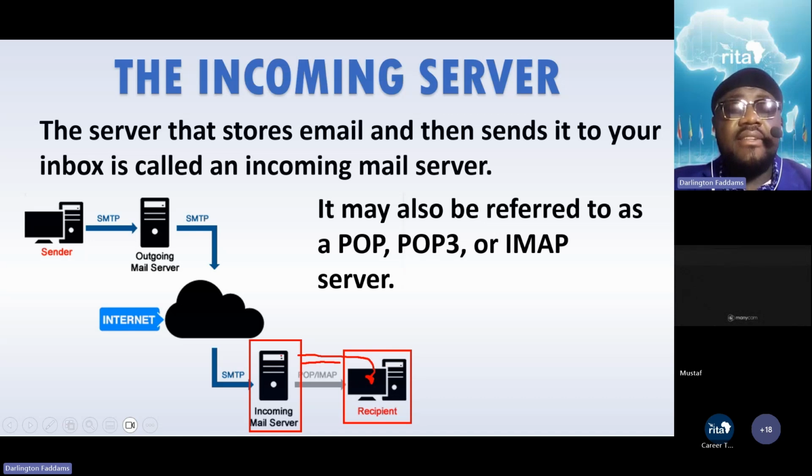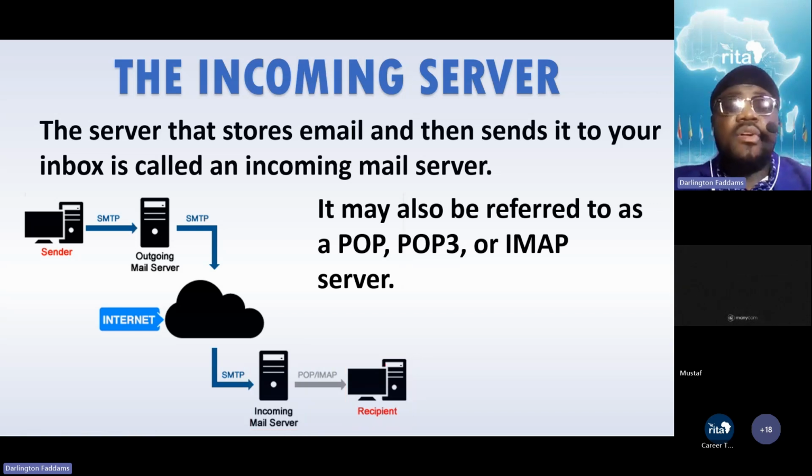And this is really, really important. In the second process here, there are two protocols that do the job. You can see from this picture that there are two protocols. One is called POP3 or POP, and one is called IMAP.